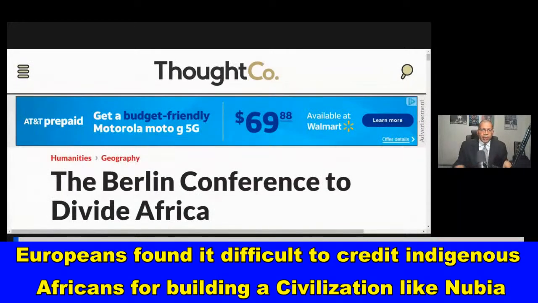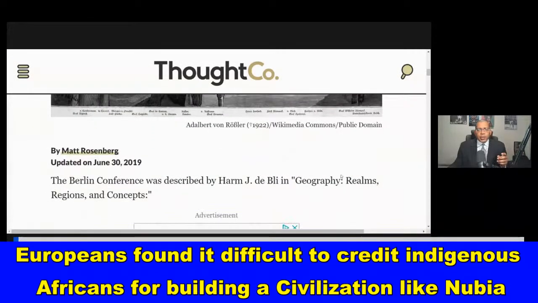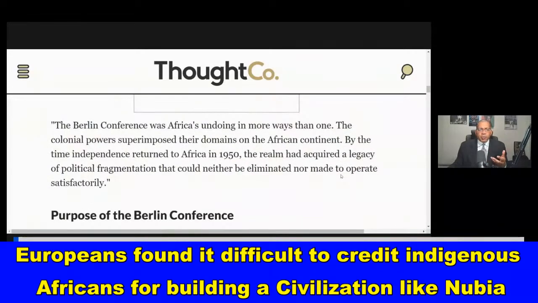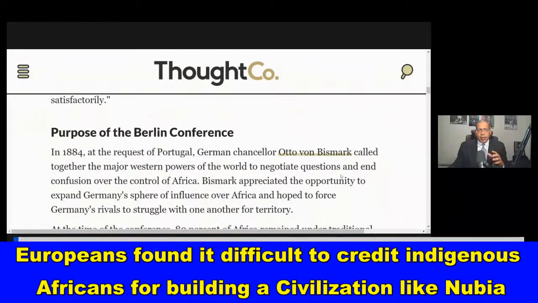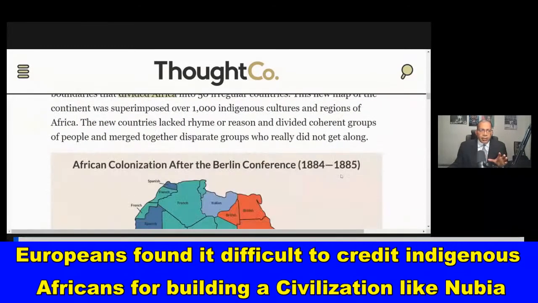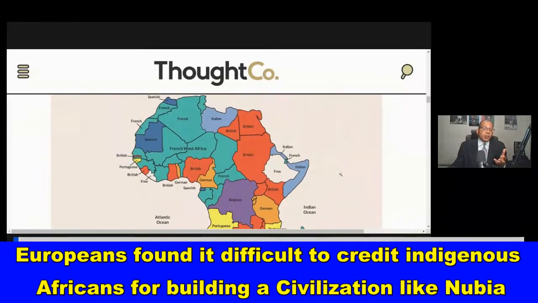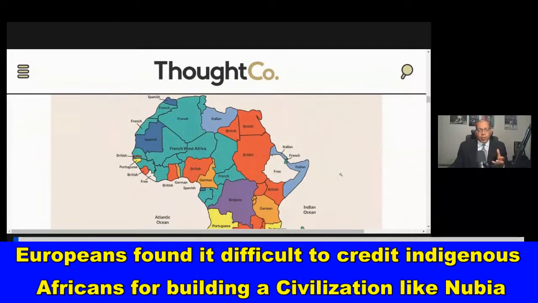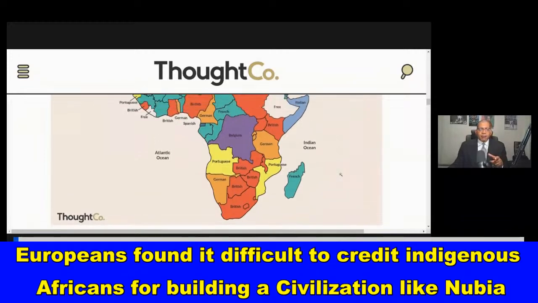This article is from June 30th, 2019. It deals with some of the history of these 14 European nations having this conference in Berlin, Germany, and they carve up Africa into colonies. This is one of the ways Great Britain got so much territory in Africa from the Berlin Conference also.